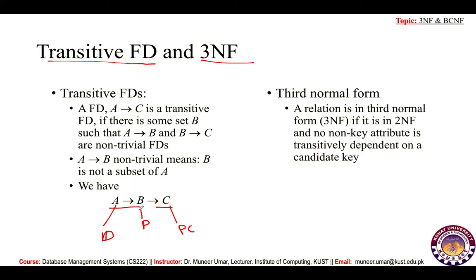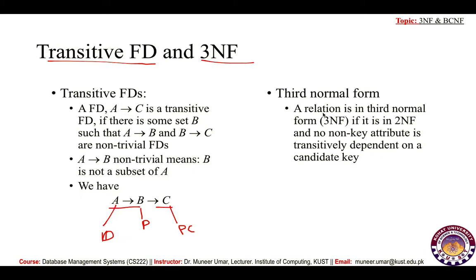So according to this, we can say that program determines the program credits, or B determines C. And on the other side, the student ID is determining the program name for that student. And according to this rule, we can also determine one additional functional dependency, that A will also determine the program credits, or if we have the ID of a student, then we can also get the credit hours for that student.